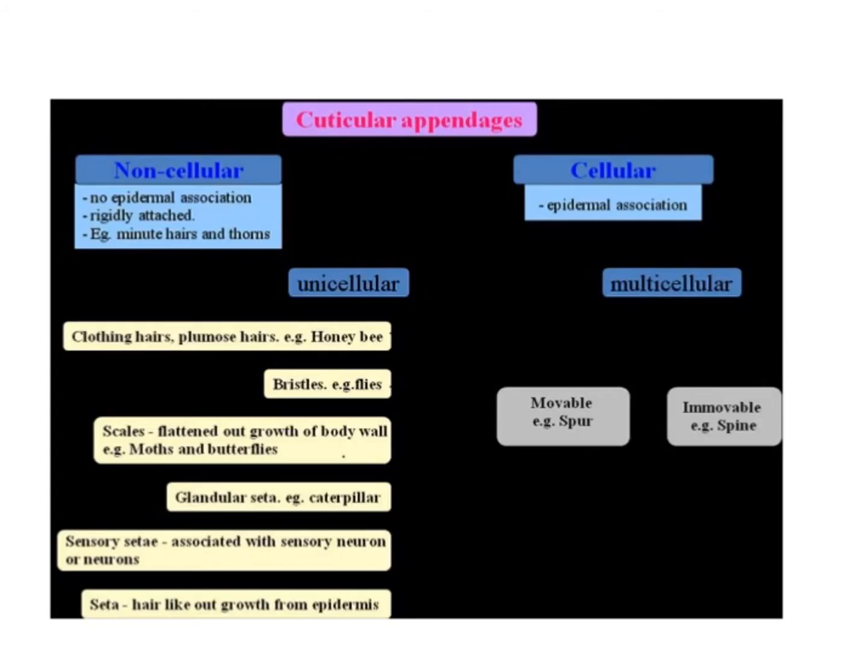This is a representation of the non-cellular and cellular cuticular appendages. No epidermal association, rigidly attached, except minute hairs and thorns, and in cellular appendages epidermal association is there. Unicellular we have already seen, and the multicellular also.